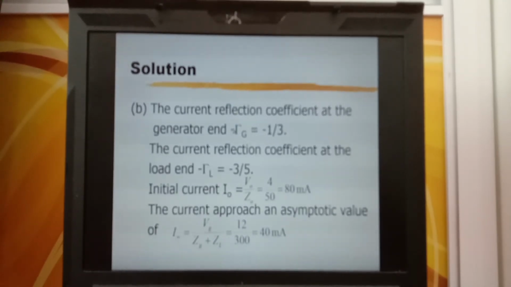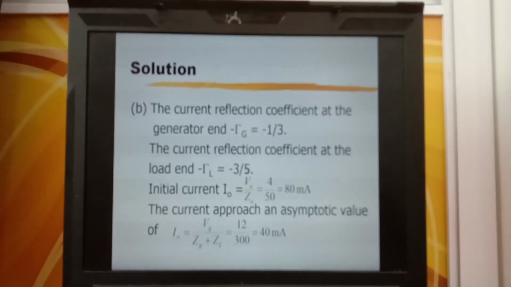So earlier we had the reflection coefficient at the generator as 1 over 3. We just replace that with negative 1 over 3. And the reflection coefficient at the load end, we just replace it with negative rho L, which is negative 3 over 5.